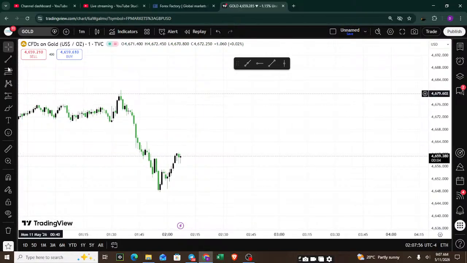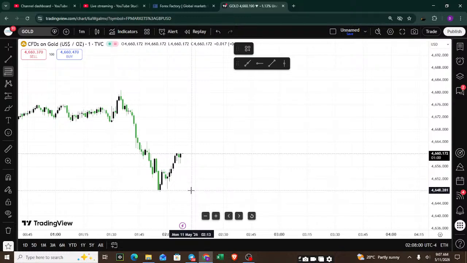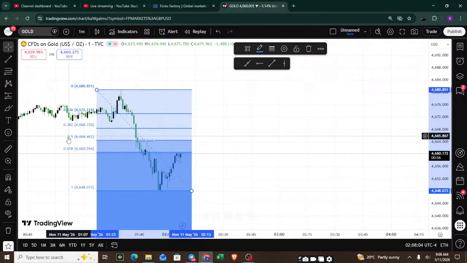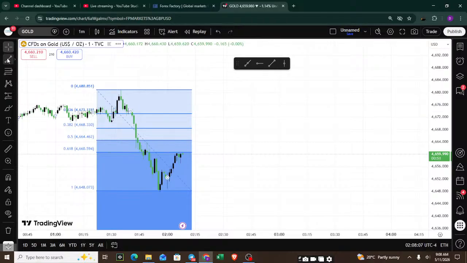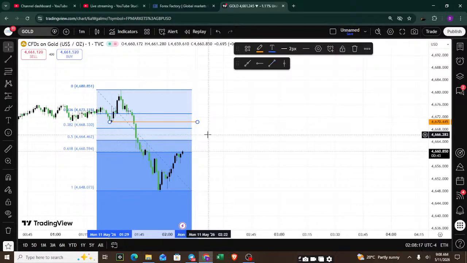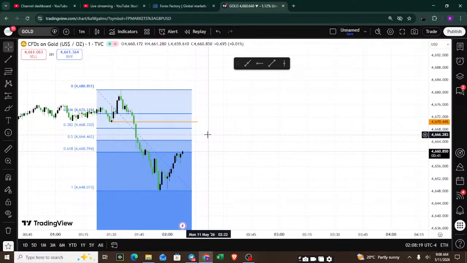Now, before I outline the rules, because I can see the trade is forming, I'll just pull out my fib. My expectation is that price is going to get to this level, then maybe we can see a bearish engulfing candle, and then we can get in immediately.